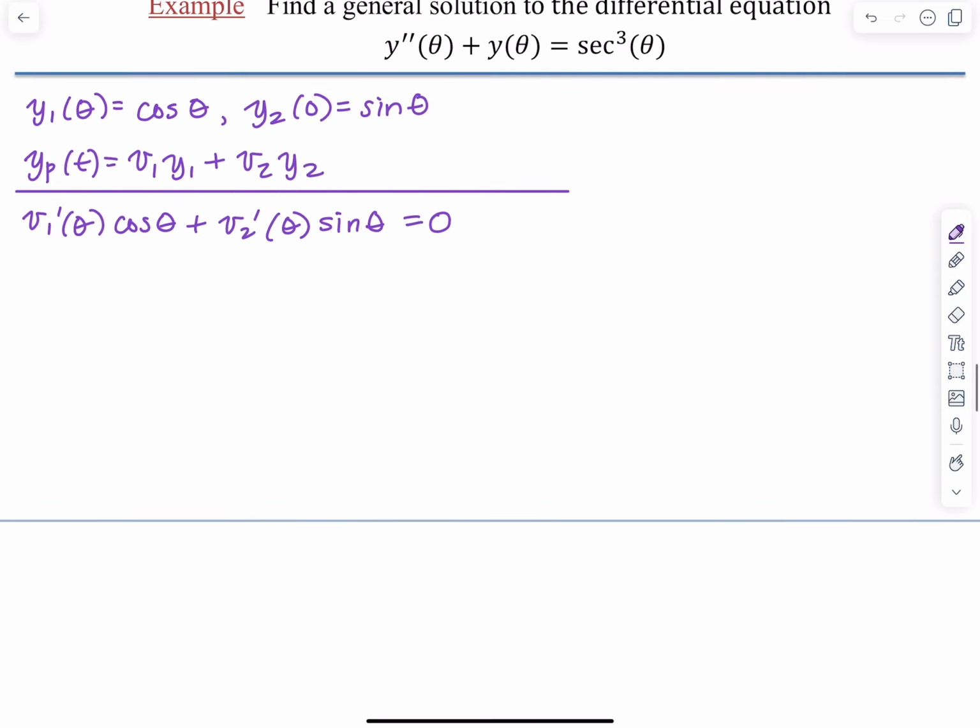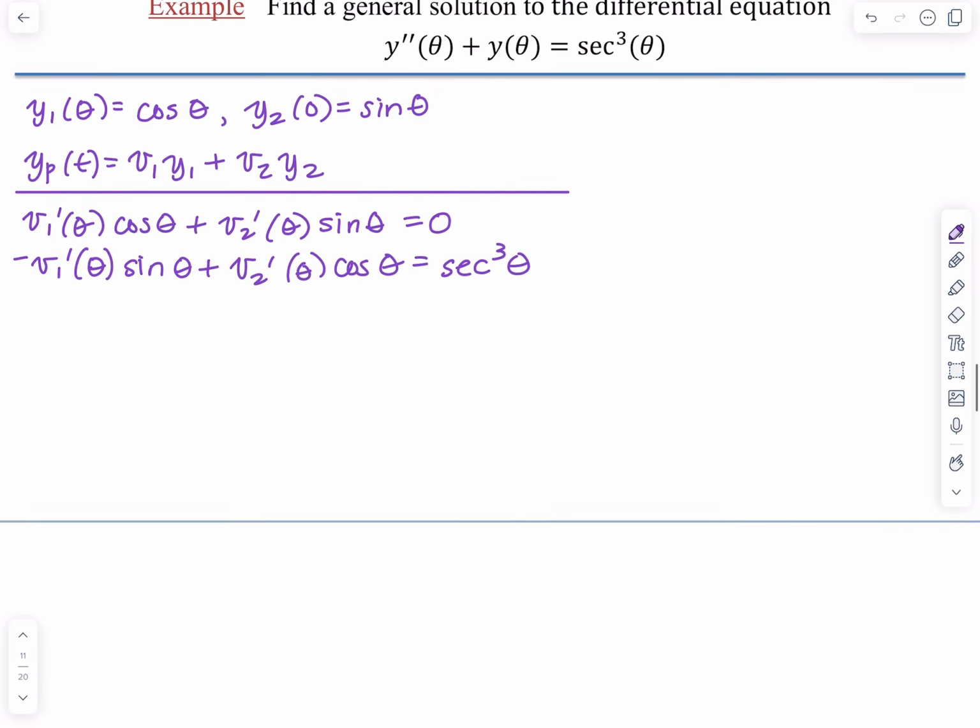And now our second equation in our system, those derivatives: the opposite of v1 prime of theta sine of theta plus v2 prime of theta cosine of theta. And that's going to be equal to the secant cubed of theta. That is our f over a.